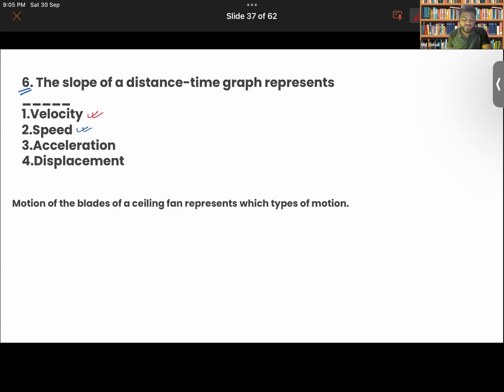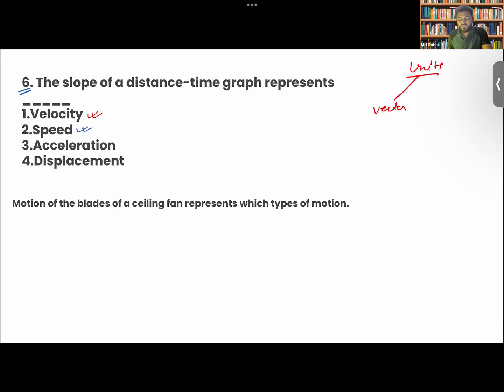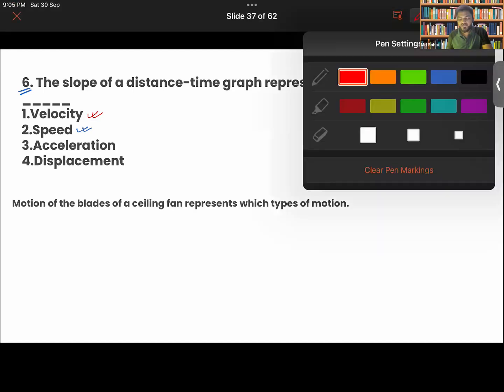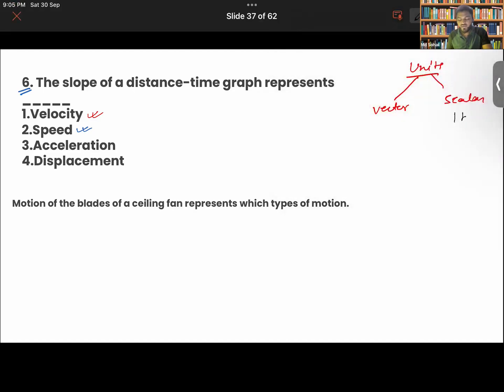In a later class, you will get to know that units are of two types. One is the vector unit, one is the scalar unit, right? For example, if I were to say 1 kilogram or 1 liter, do you get any idea of direction? Does weight or mass have any direction? Does 1 liter have any direction?